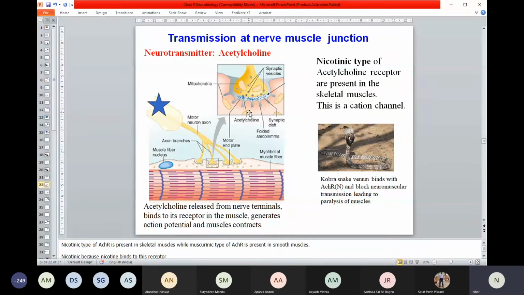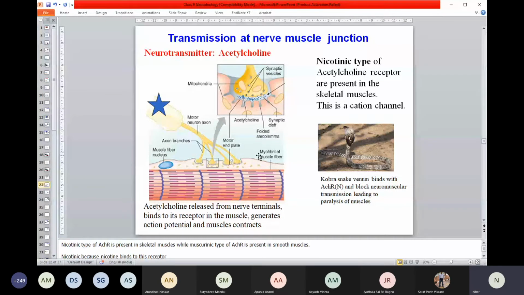Now the problem is this acetylcholine receptor that is present in the skeletal muscle. This is the most important part. The acetylcholine receptor that is present in the skeletal muscle, like hand, legs, that receptor is called nicotinic type of receptor, and is a kind of ionotropic type.